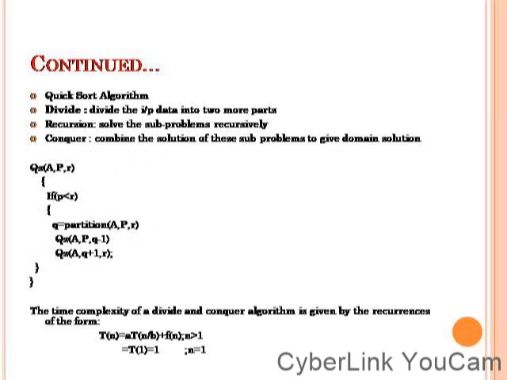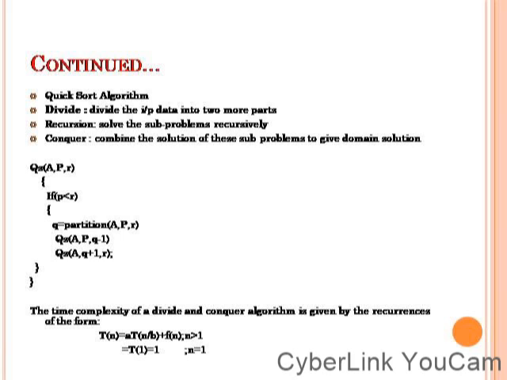Here is our quicksort algorithm. Divide, recursion, conquer. Divide the input data into two or more parts. Recursion: solve the subproblems recursively. Conquer: combine the solutions of the subproblems into the solution of the given problem. We write quicksort(A, P, R).